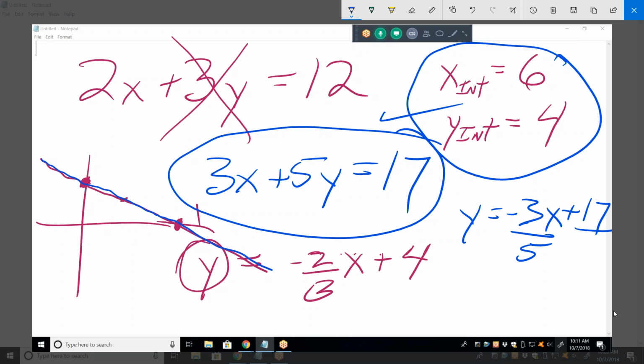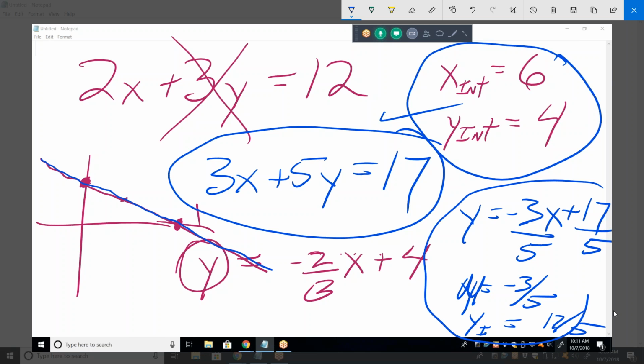Slope of minus 3/5. Y-intercept 17/15 or 17/5. So I was able to do that really quick by using the slope-intercept method, meaning you got to solve for y.